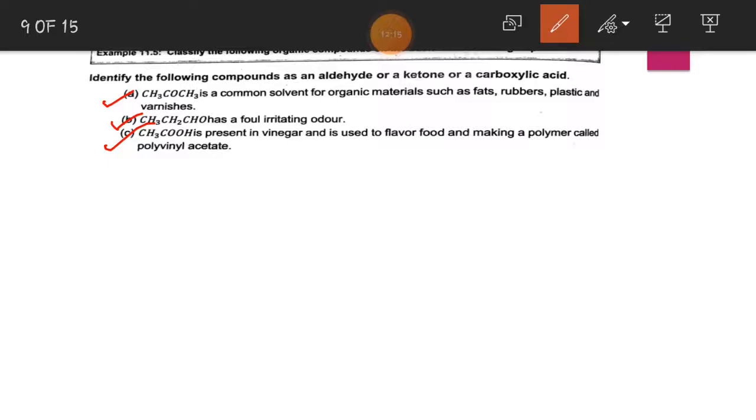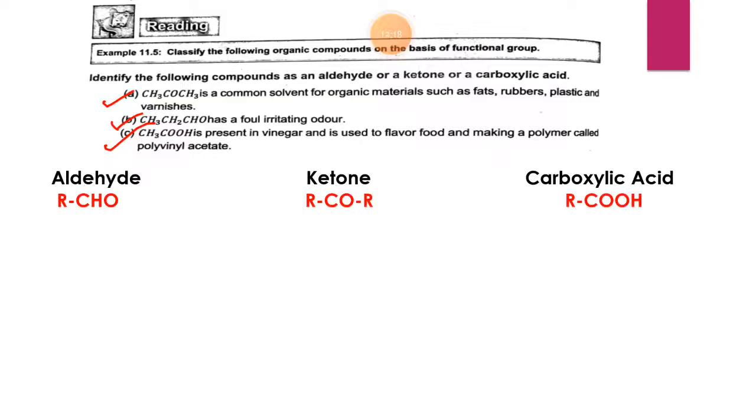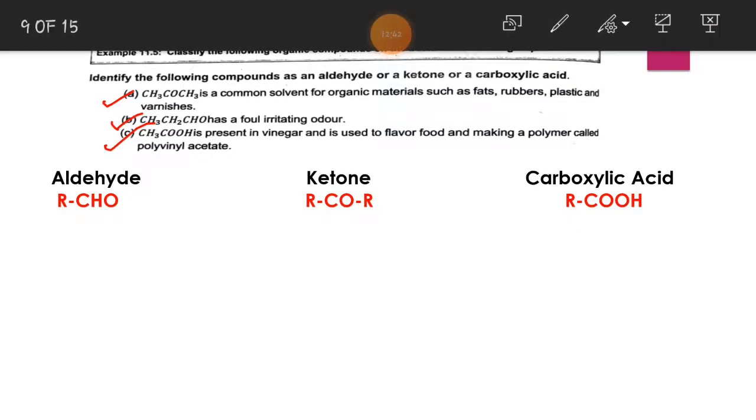Now you have just to identify them. In order to identify them, first always write the general representation, that is the condensed structural formula for these compounds. Condensed structural formula that is used generally for each class of compound, you will write that formula, and after writing that formula you will distinguish these compounds into different classes.